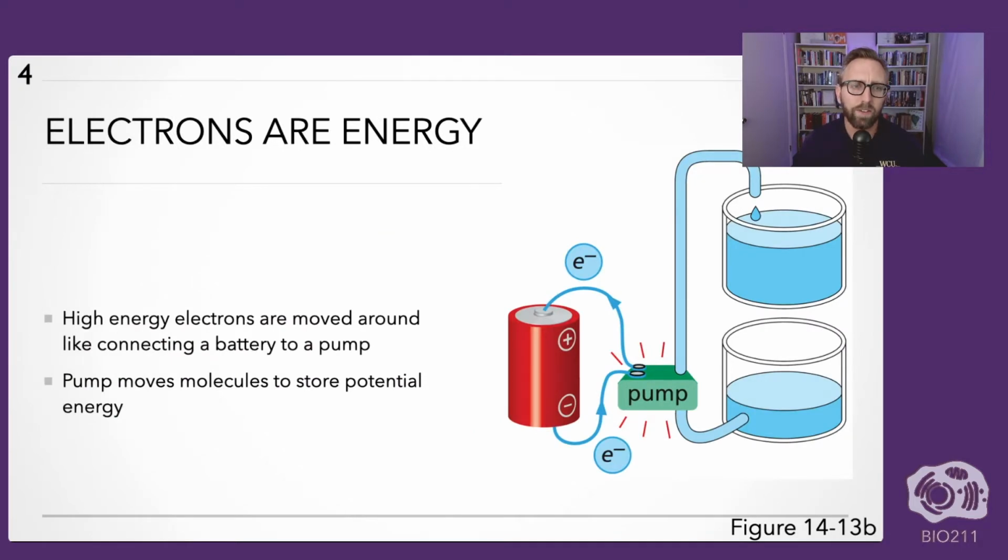So again, this is the idea that these protons are what's moving here, right? So when you have something like a battery, the electrons are what moves around and is the energy.